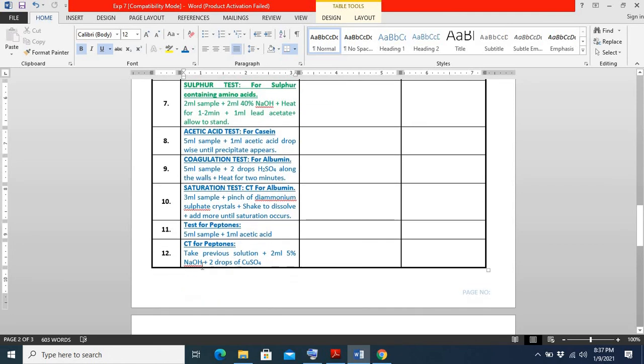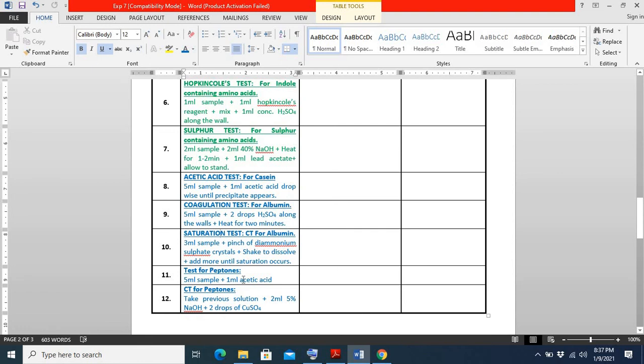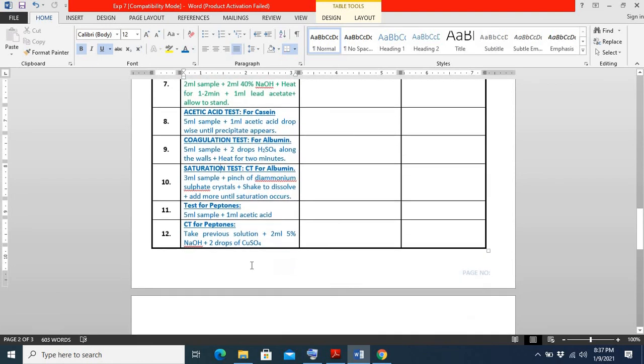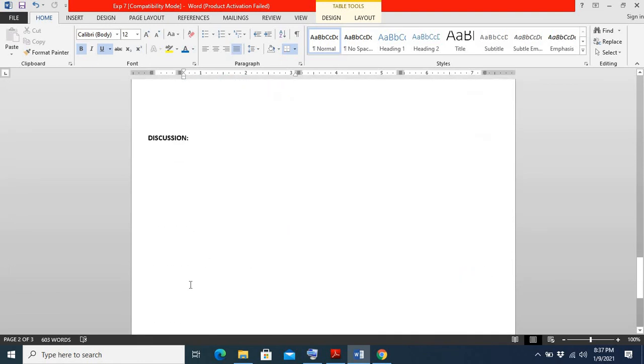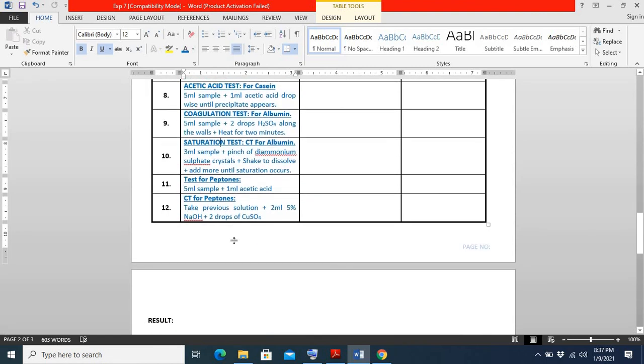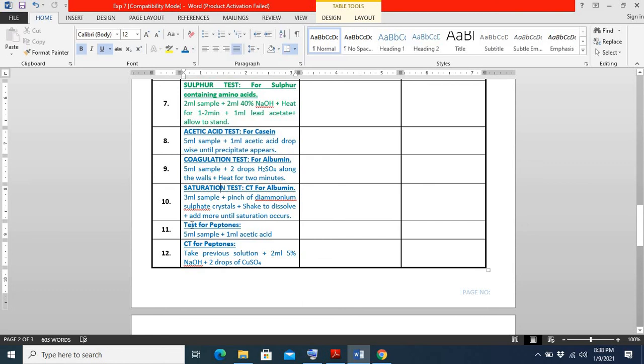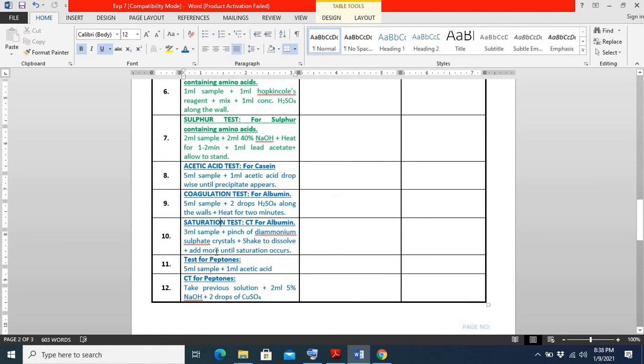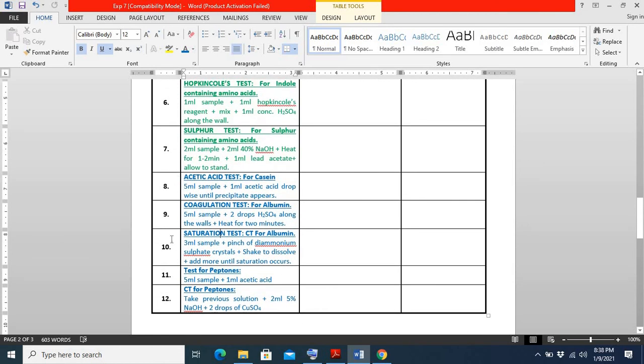This is the confirmatory test for peptone, and then we write down the result and the discussion in the discussion section. But keep in mind that before performing tests number 11 and 12, we must perform the acetic acid test, the coagulation test, and the saturation test.